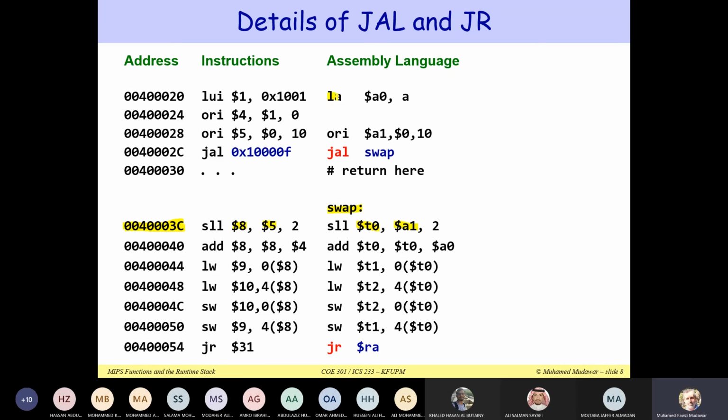Notice that load address is a pseudo instruction. It's not a real instruction. To load the address of the array A into A0, it requires the address, which consists of 32 bits. This is why it uses 2 instructions, load upper immediate and or immediate. This is the upper 16 bits of the address, and 0 will be the lower 16 bits.